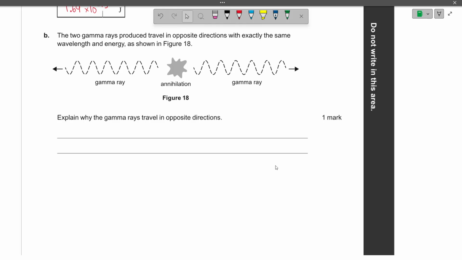because even though the electron and positron have annihilated each other, there's still momentum there, right? You can't just get rid of momentum. It's only one mark, so the easiest way to explain something like that is just to conserve momentum in the collision.